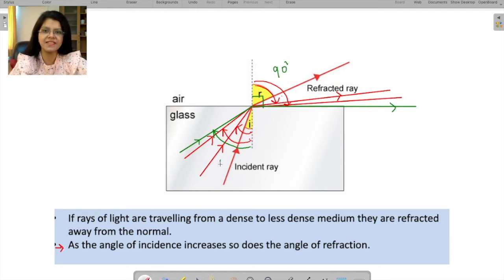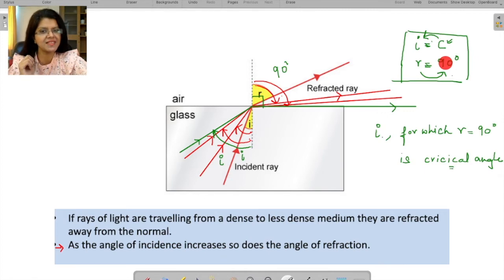This angle of incidence, the angle of incidence for which r is equal to 90 degrees, is called critical angle. Critical angle.